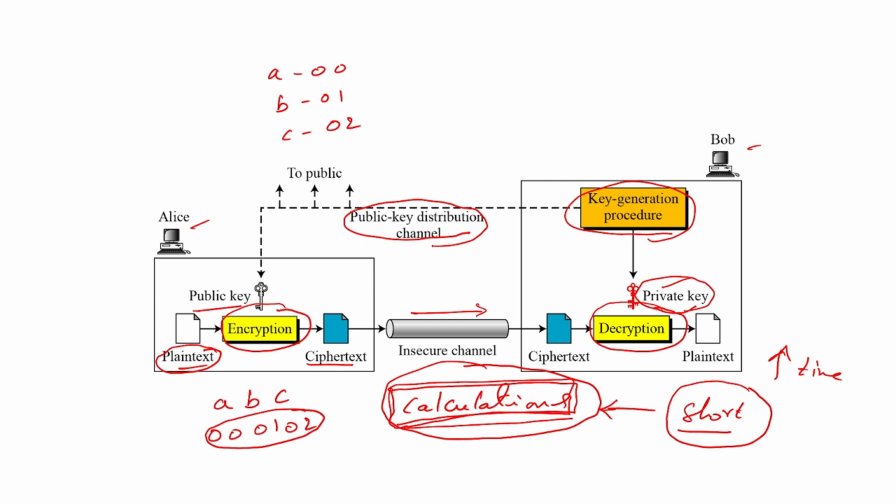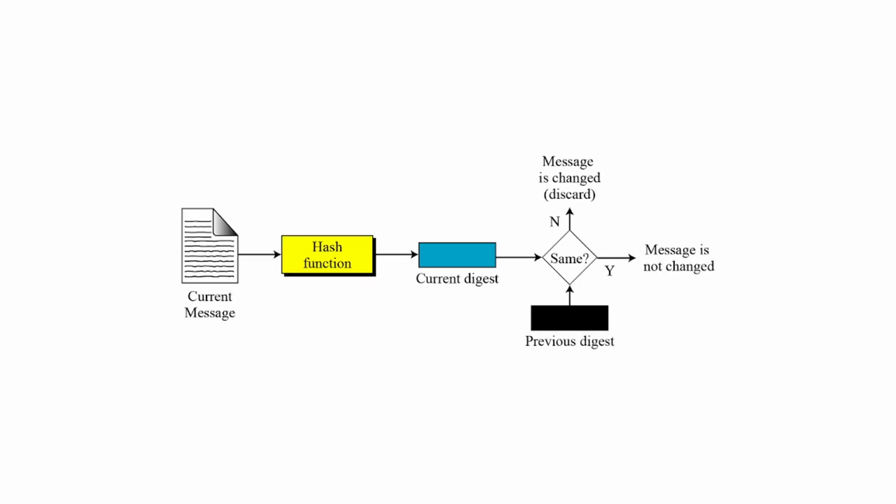And next one, the hashing algorithm. What is the purpose of hashing? Hashing is used to convert a variable length message to a fixed length message. Here we need to use the hash function. It will convert the variable length message to a fixed length message.